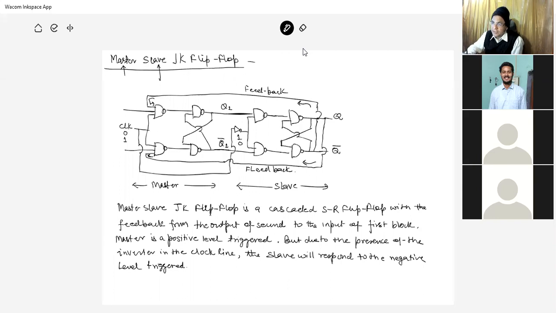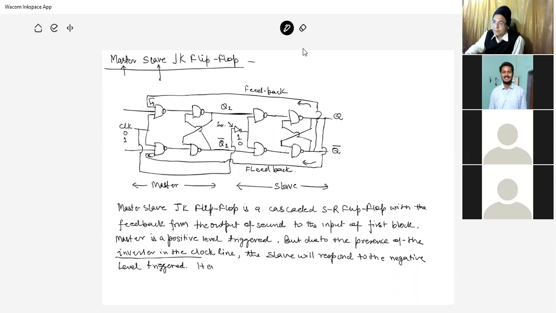This portion is the inverter. So due to this inverter, the clock for the slave is negative.